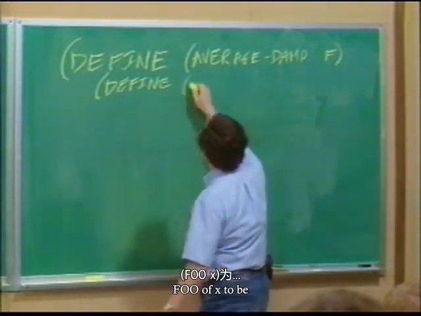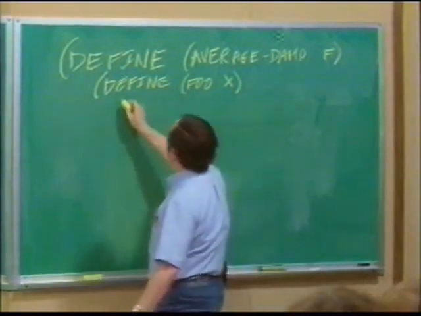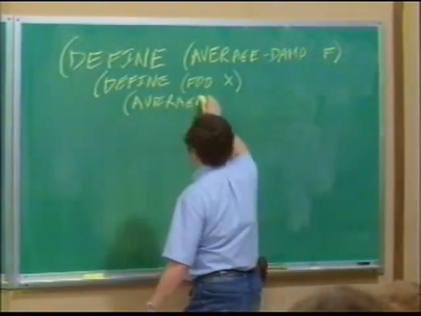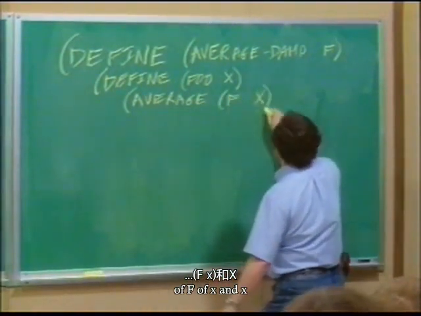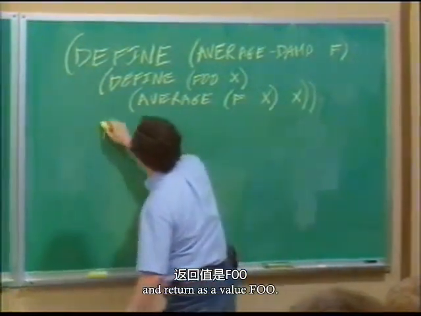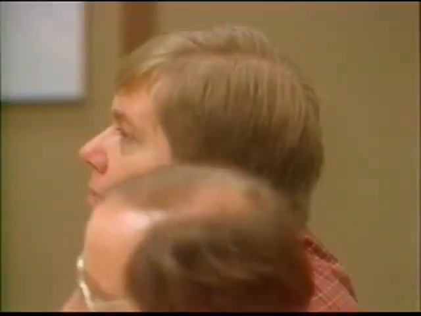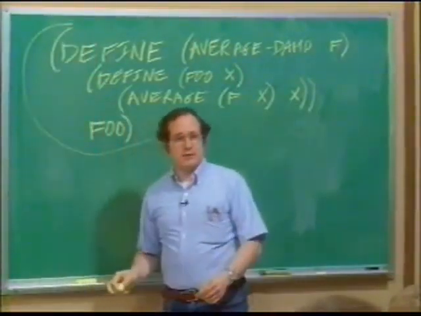You'll have to give it a name. Define foo of x to be the average of f of x and x, and return as the value foo. This is equivalent, but I have to make an arbitrary name up.